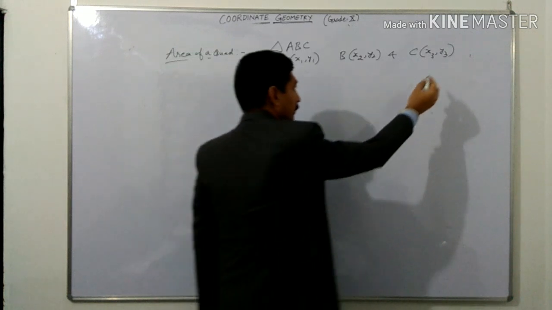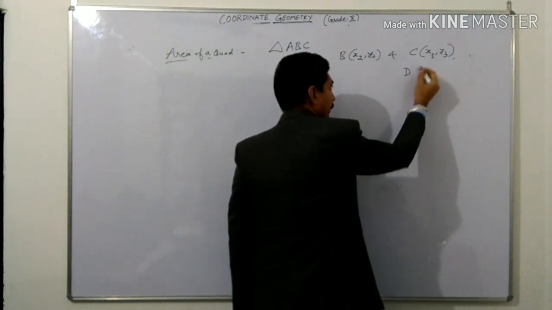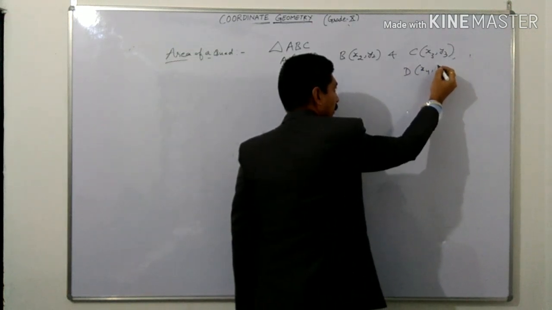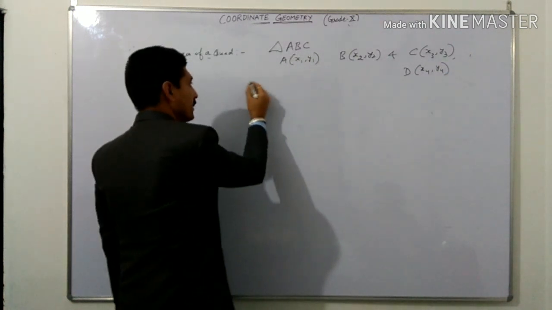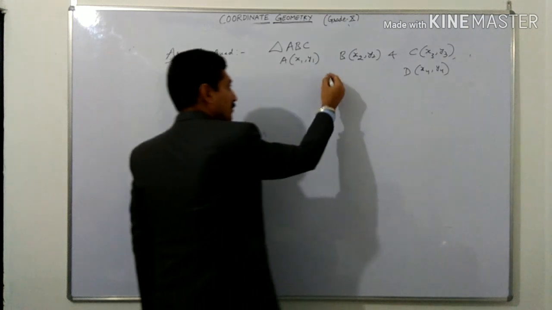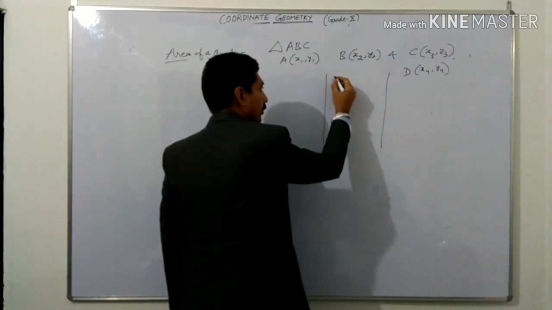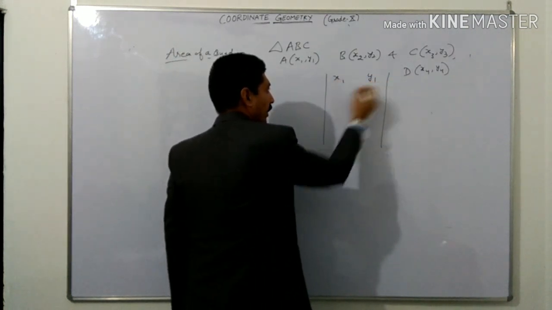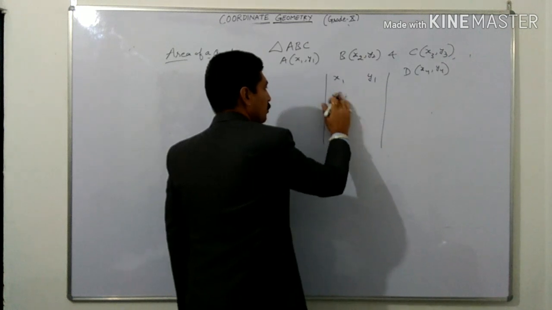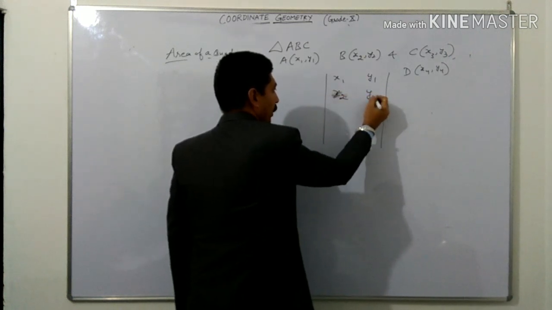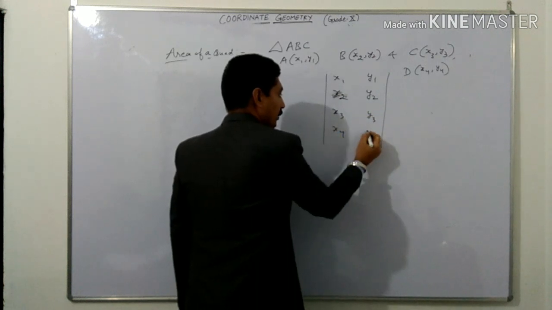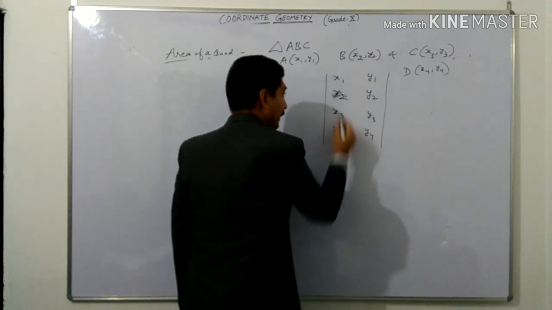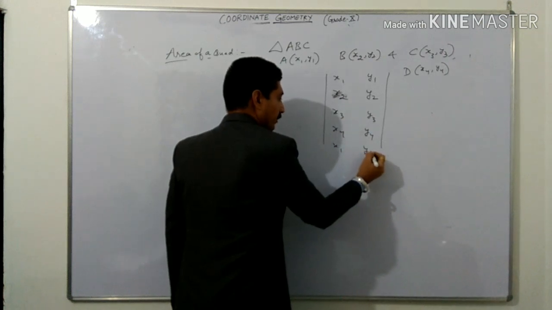If the fourth point D is (x4, y4), first write the coordinates x1, y1, then x2, y2, x3, y3, x4, y4, and again x1, y1.